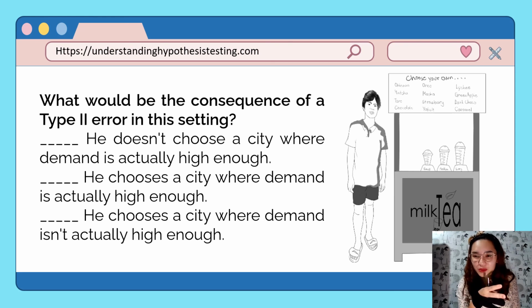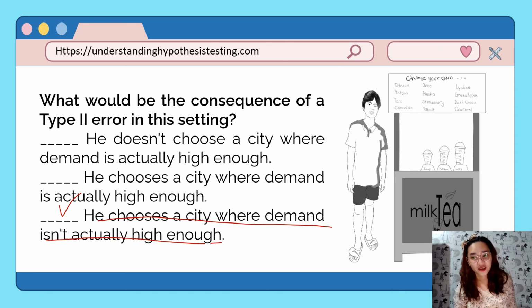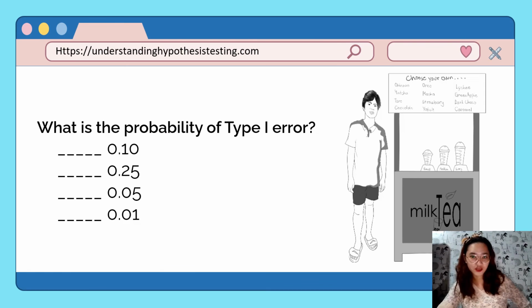Because our true null hypothesis is that the demand is high. But since the demand is low, that is false. And we accepted that. So that is a type 2 error. Here it is: he chooses a city where demand isn't actually high enough. Okay, next. So what is the probability of type 1 error?